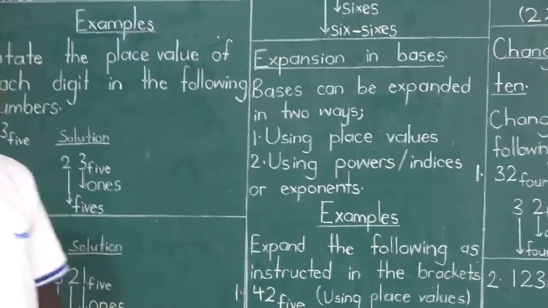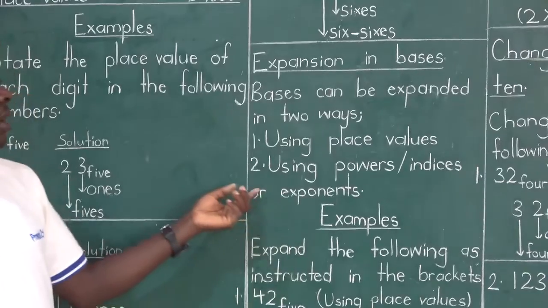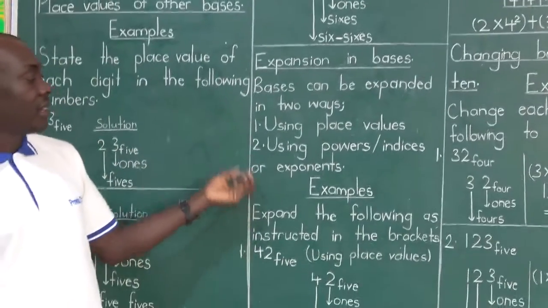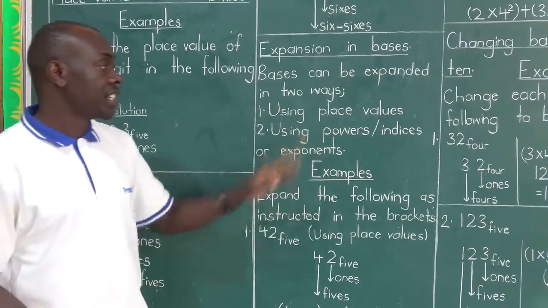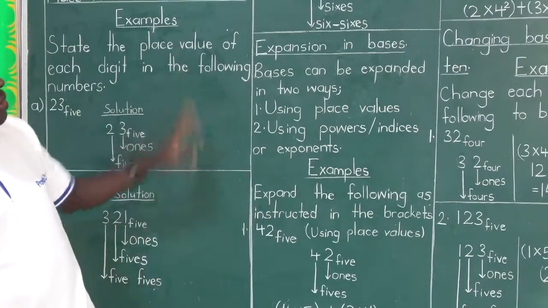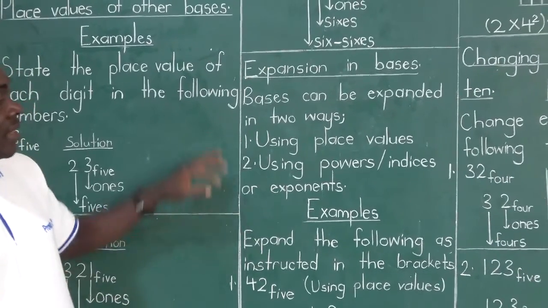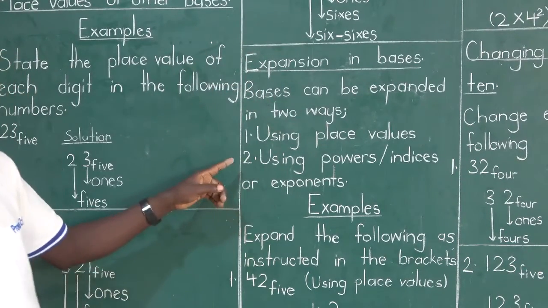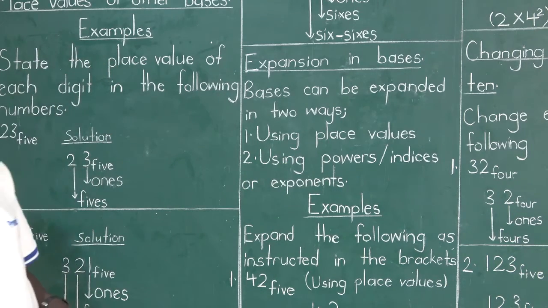When I say expand using powers, it is the same as being asked to expand using indices, and on the other hand, someone can be told to expand using exponents. So we use two ways in these other bases. That is, we expand using place values. We can as well expand using indices or exponents or powers.